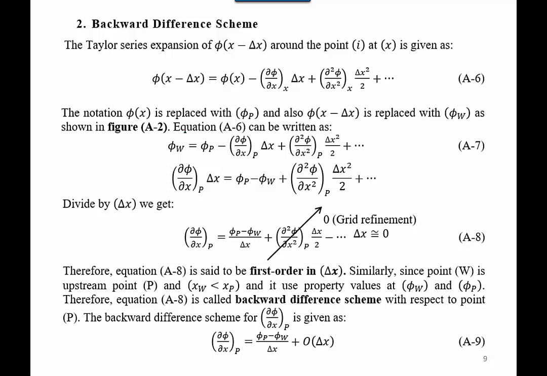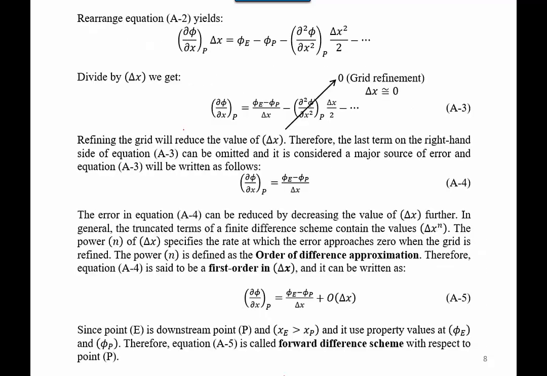That means phi at x minus delta x equals phi at x minus the first derivative of phi at x multiplied by delta x plus the second derivative of phi at x multiplied by half the value of delta x squared plus etc. The notation x is replaced with the notation big P, and therefore phi at x will be replaced with phi at big P, and also phi at x minus dx will be replaced with the value of phi at big W, as shown in figure A2.